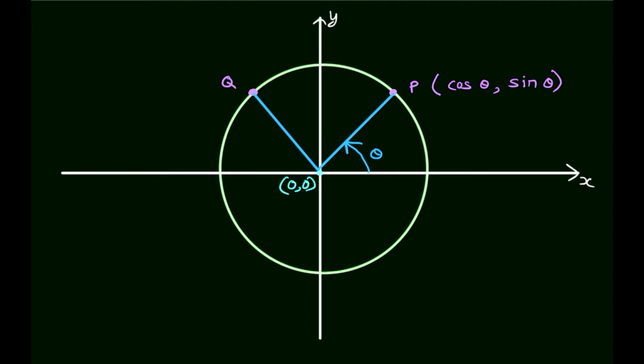Now, since this point Q is at the same height as point P, because this point P is just opposite to point Q, these two points are the same height.